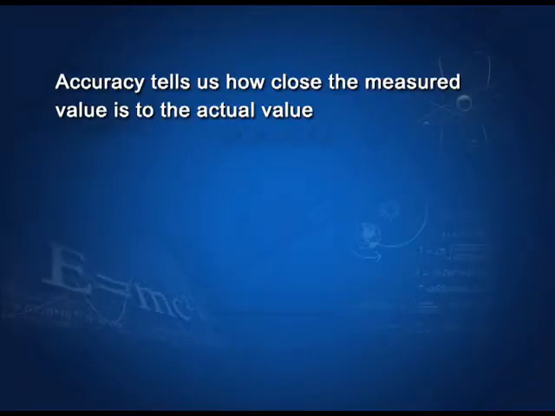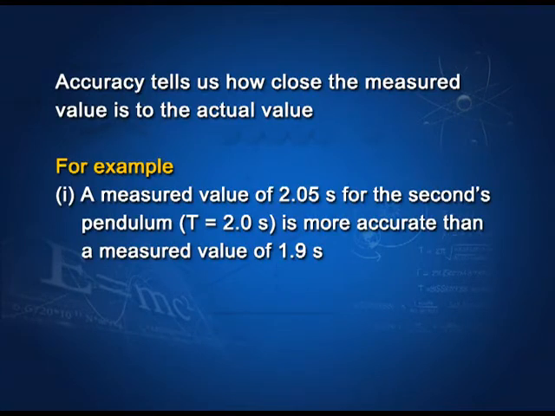Accuracy tells us how close the measured value is to the actual value. Let us look at examples. 1. You know, a second's pendulum has a time period equal to 2.0 seconds. A measured value of 2.05 seconds for the second's pendulum is more accurate than a measured value of 1.9 seconds.